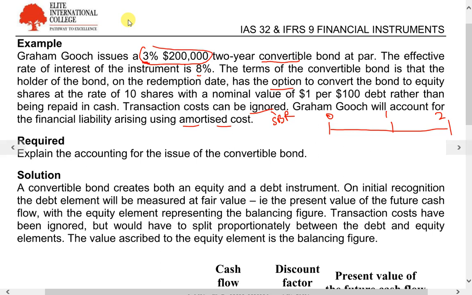Every year you'll be paying 3%, which is 6,000. You borrow 200,000, and they have the option to convert in 2 years' time. So first of all, I must pay interest. Second year also must pay interest. Then what do I do in the second year? If they convert, I don't have to pay back.